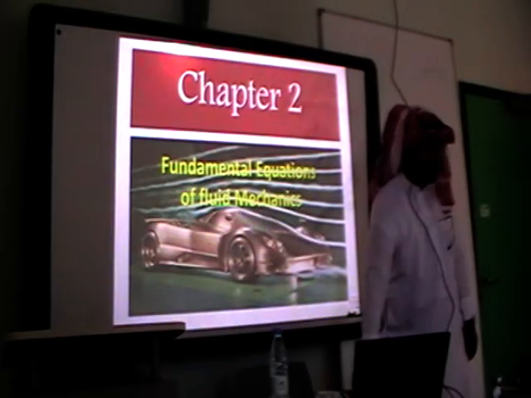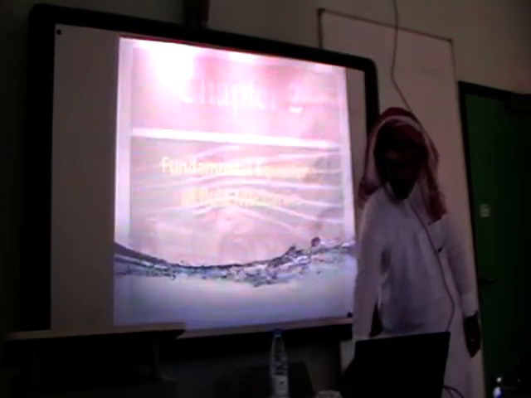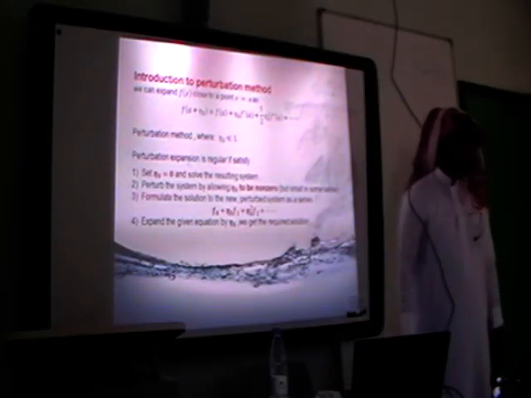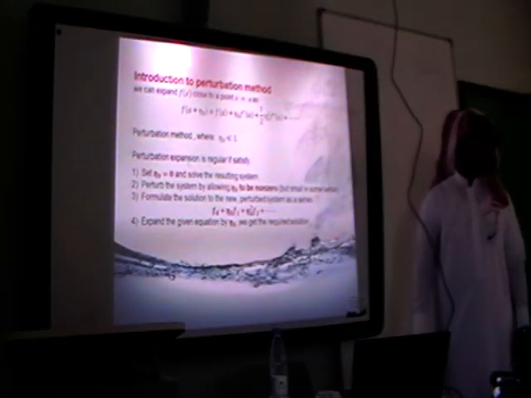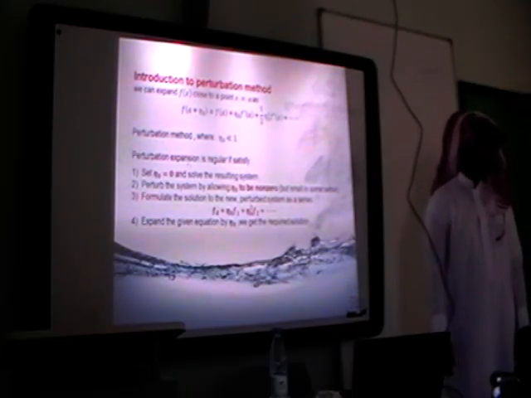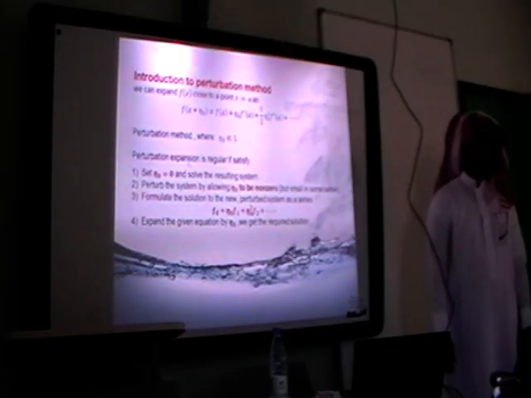Regarding this method, I would like to discuss something. What is the order of error here? I mean, it's an approximation method, right? You approximate it. You truncate the third order term, right? So what is the order of error in this method?